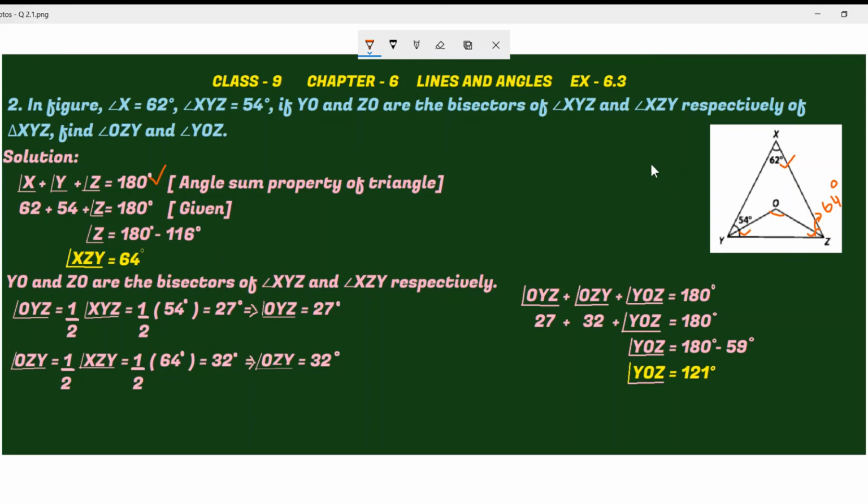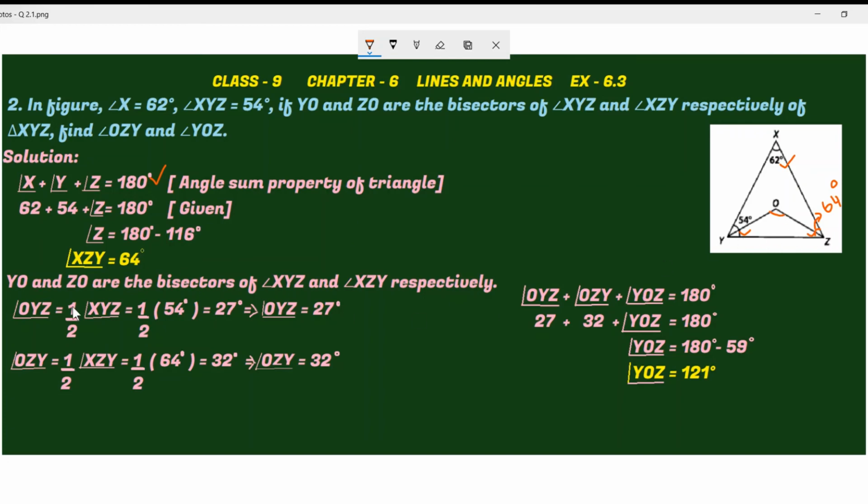In the question they have given that OY is the bisector of the angle XYZ. That means these two angles are equal. They have given this whole angle is 54 degrees. If we divide this 54 by 2, we get angle OYZ. Here also if we divide 64 by 2, we will get the angle OZY.